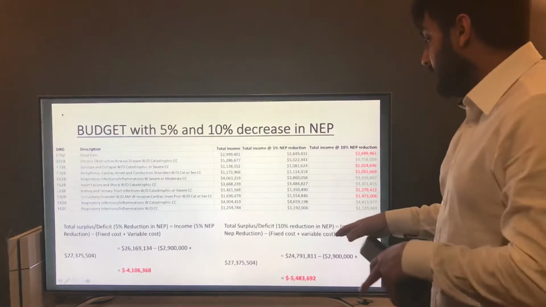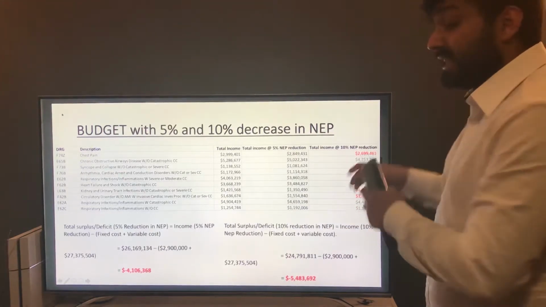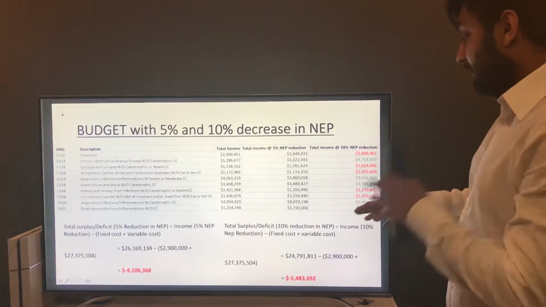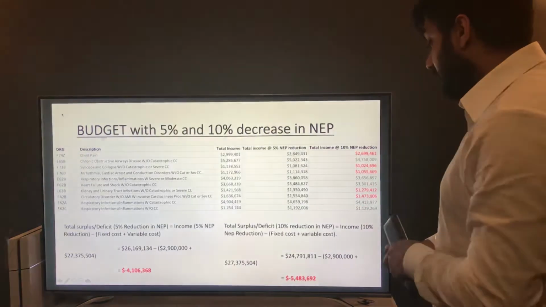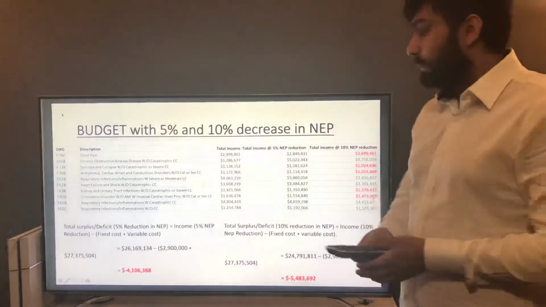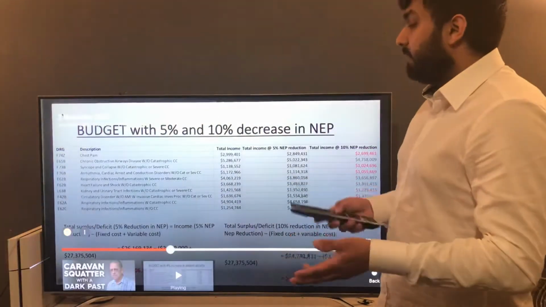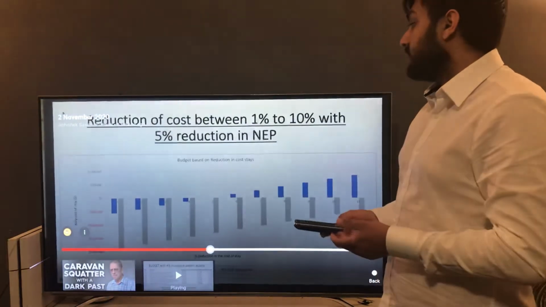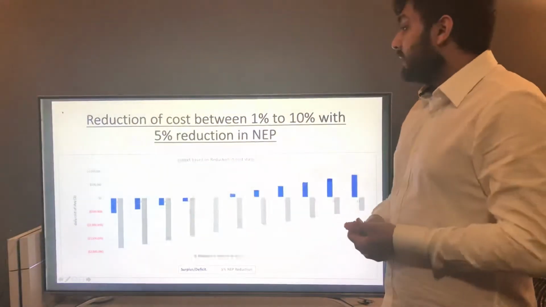And if we talk about the surplus deficit with a 10% reduction in the NEP, by applying the formula again, we've seen that we've got a deficit of around $5.4 million. So overall, with the budget with the 5% and 10% reduction, we see a deficit in both cases.